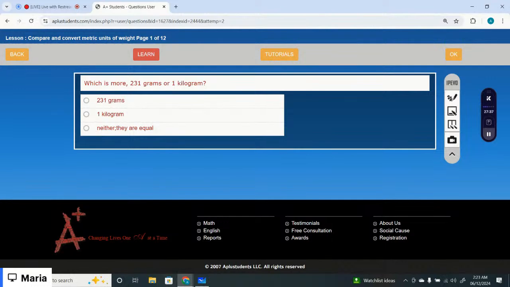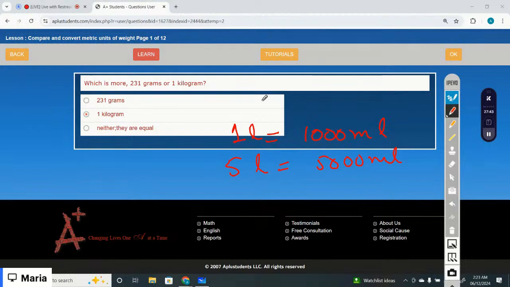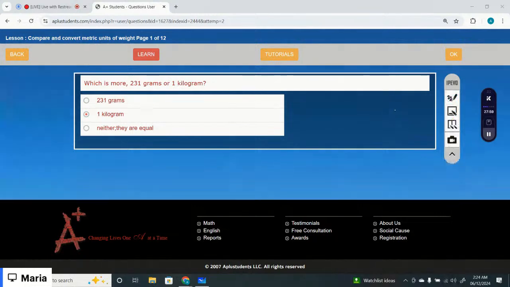The correct option is 1 kilogram. Why? 1 kilogram equal 1000 grams, right? So obviously 1000 grams is more than 231 grams, isn't it? So the correct option is 1 kilogram equal 1000 grams. Option number 2 is the correct option.